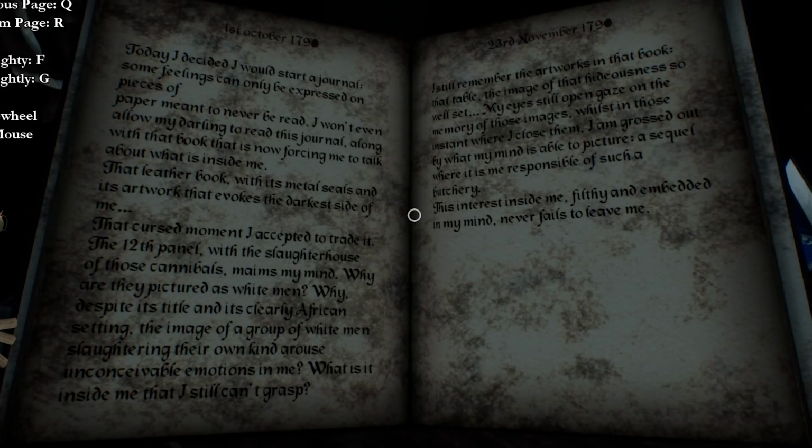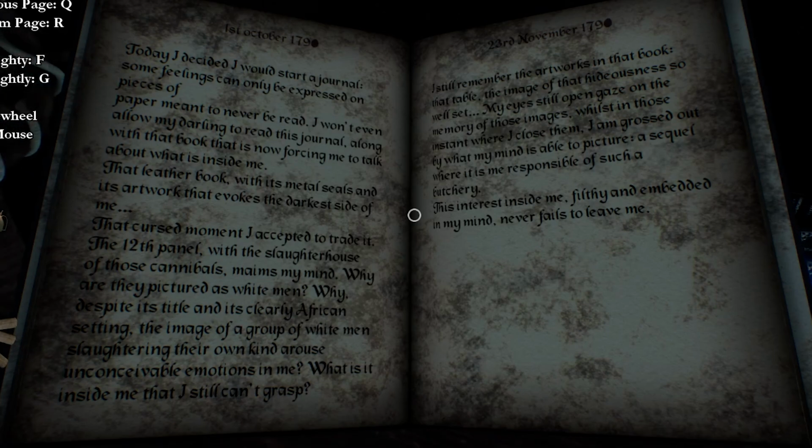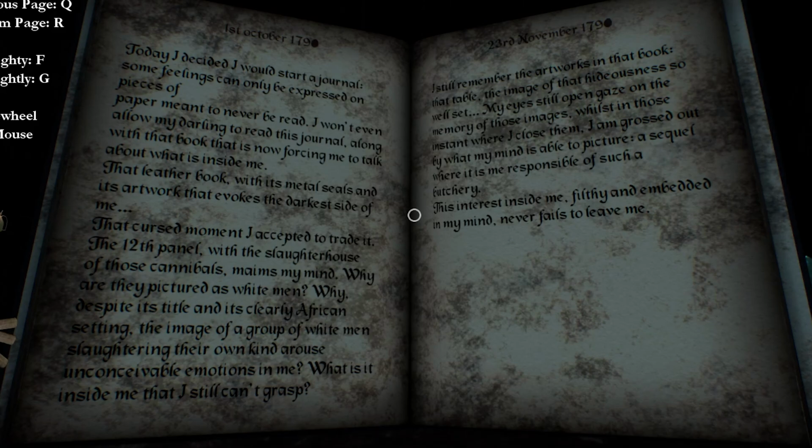Today I decided I would start the journal, some feelings that can only be expressed on pieces of paper, meant to never be read. I won't even allow my darling to read this journal, along with that book that is now forcing me to talk about what is inside of me. That leather book, with its metal seals and its artwork that evokes the darkest side of me. That cursed moment I accepted to trade it.